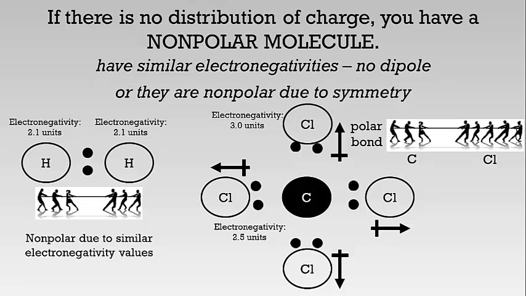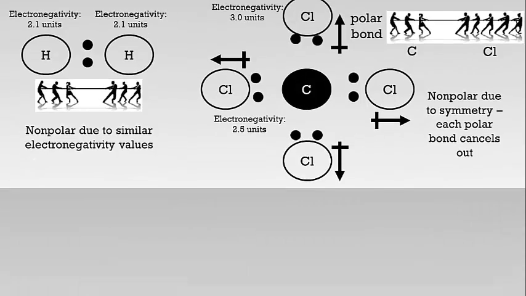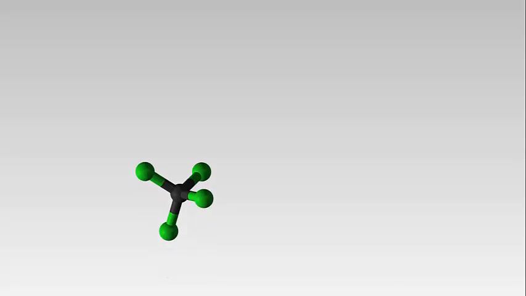Now, even though carbon tetrachloride is nonpolar due to symmetry, there are still going to be attractions between carbon tetrachloride molecules. If they get close enough together, we will see attractions occurring. Carbon tetrachloride is a liquid, so there must be attractions in order to hold these molecules close enough together for this to be a liquid.